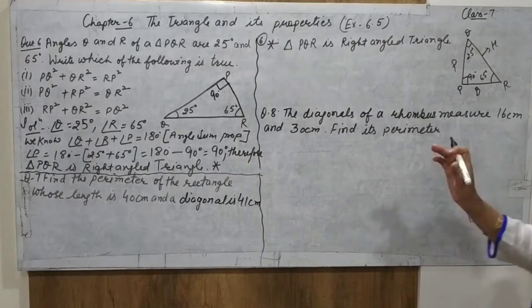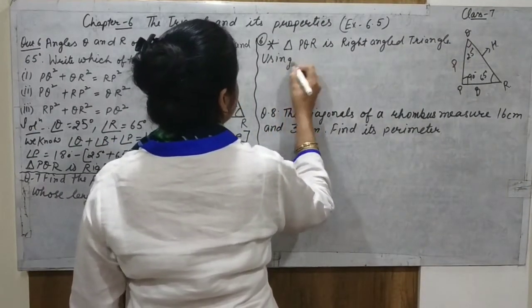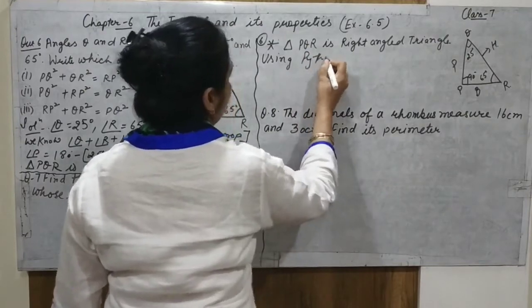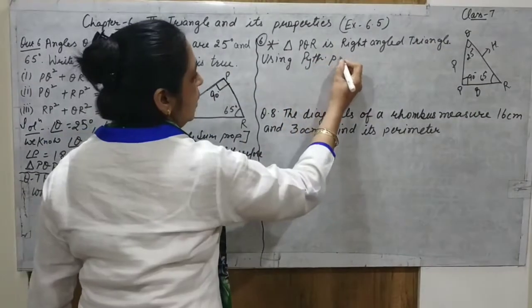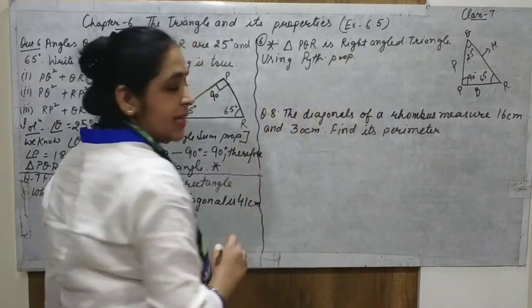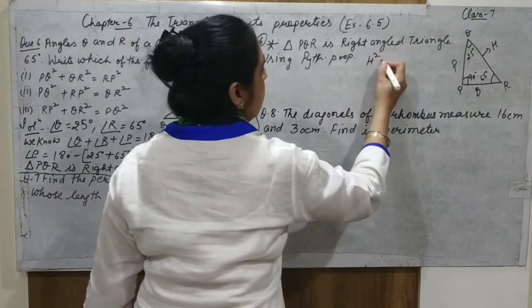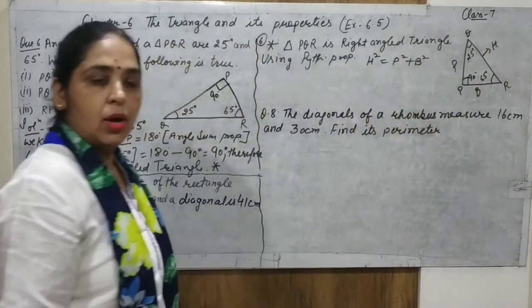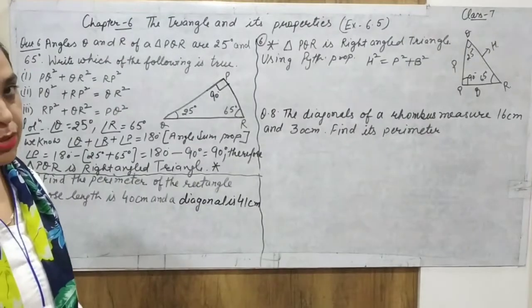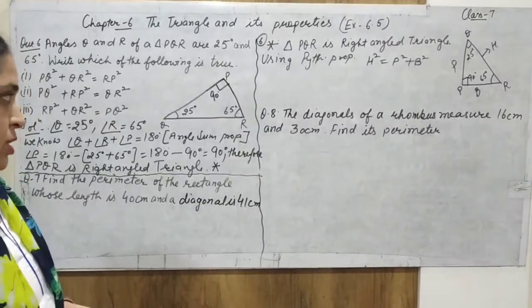So by using the Pythagoras theorem, what is the property actually? Property: x square is equal to p square plus b square. x square means hypotenuse square is equal to perpendicular square plus base square.